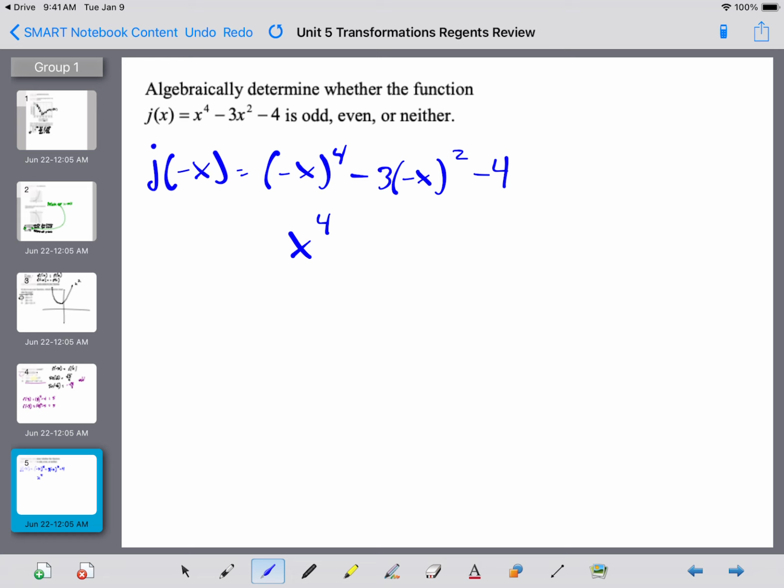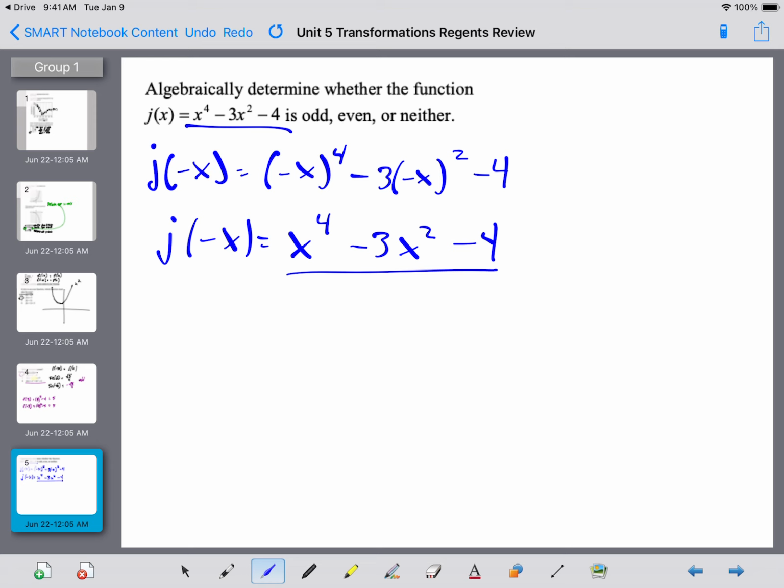Think about it. -x times -x, positive x squared. Times -x, -x to the 3rd. Times -x, positive x to the 4th. Same thing here. It's an even power, so you know it's going to be positive x squared. Is this the same as this? It is.